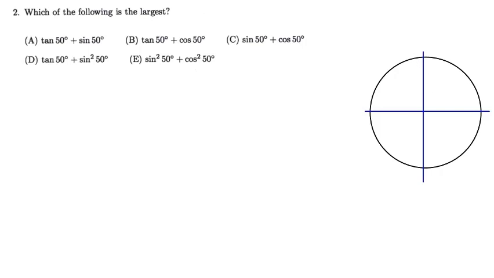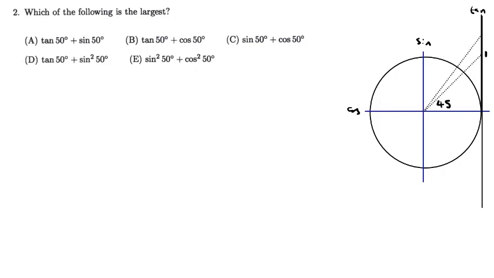This line is for sine, this horizontal line is for cos, and this line is for tangent. For 45, tangent is 1. So the first one, tangent 50: tangent 45 is 1, so tangent 50 will be greater than 1.